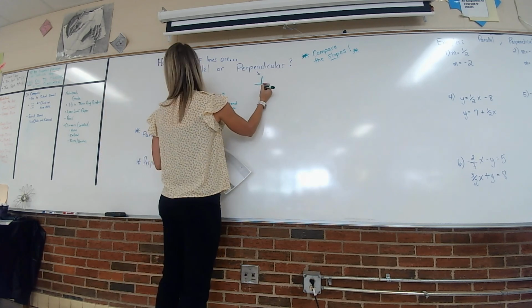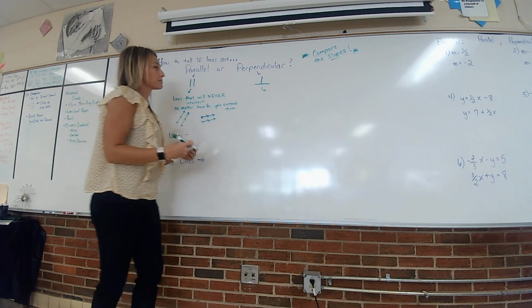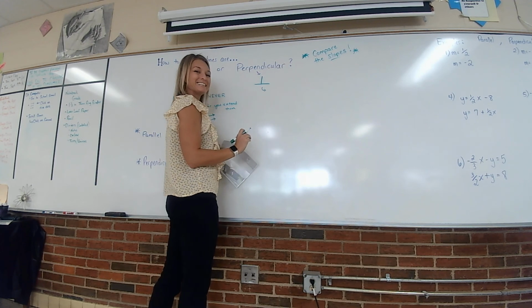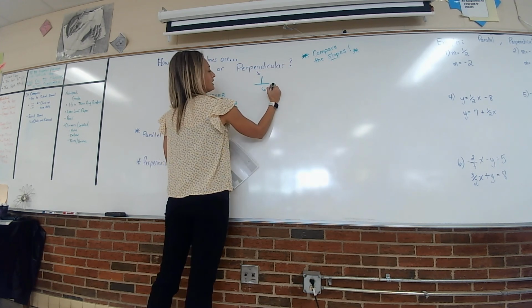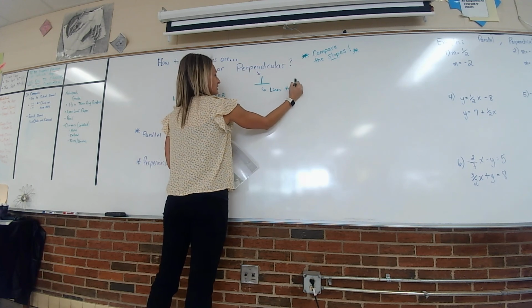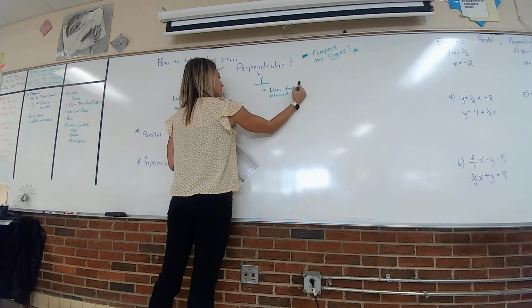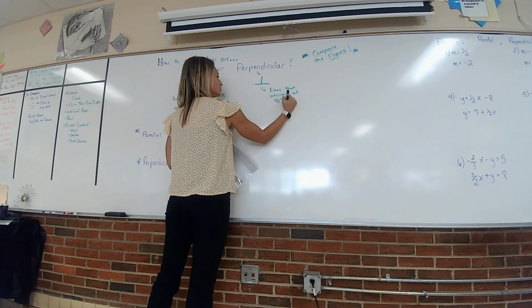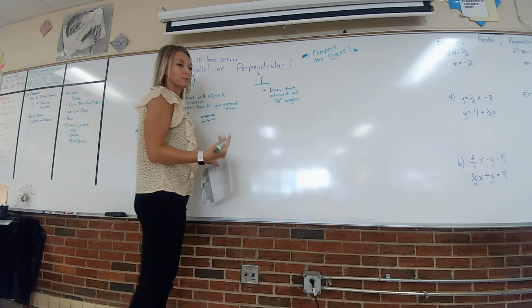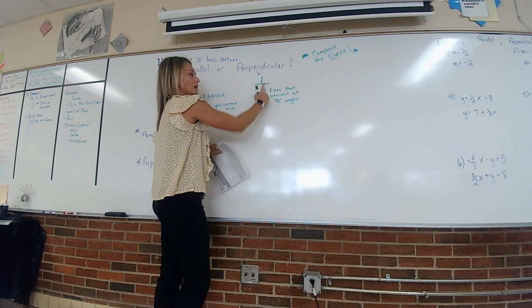So perpendicular lines are lines that intersect at 90-degree angles. And so that's a very appropriate symbol for them, because notice, an upside down T, these two lines cross at 90-degree angles.